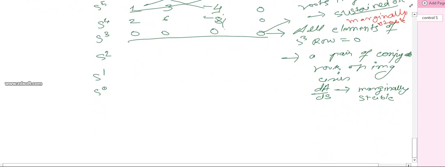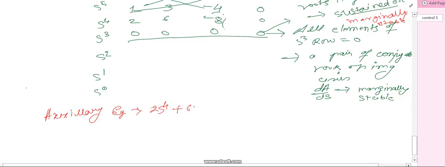Now how to find the auxiliary equation. Auxiliary equation is made from the row just above the row which has become totally zero, that is 2s to the power 4 plus 6s square minus 8, and this is equal to A(s).